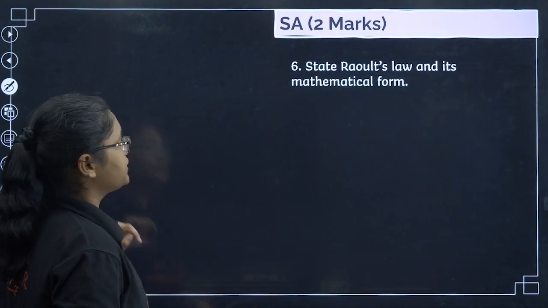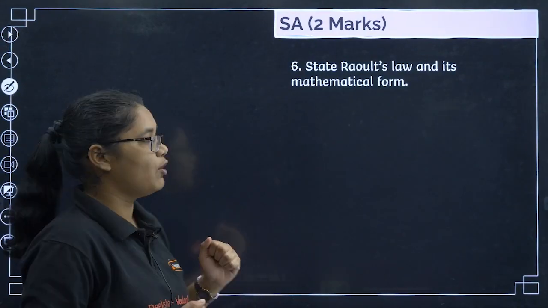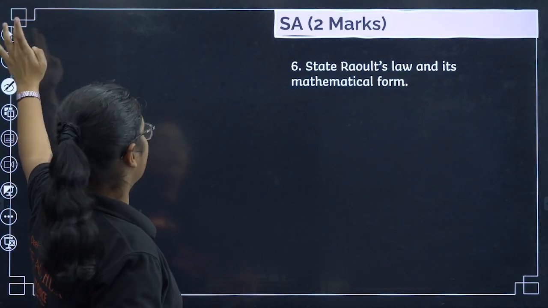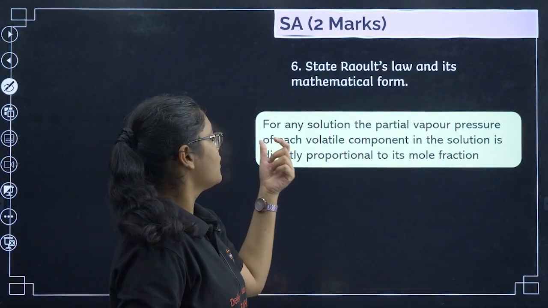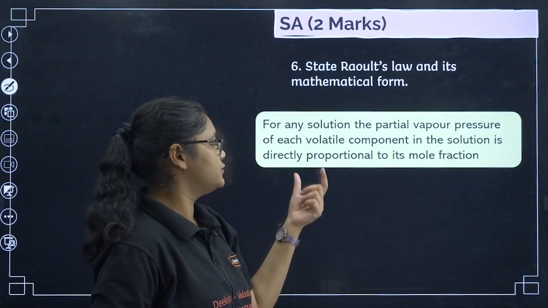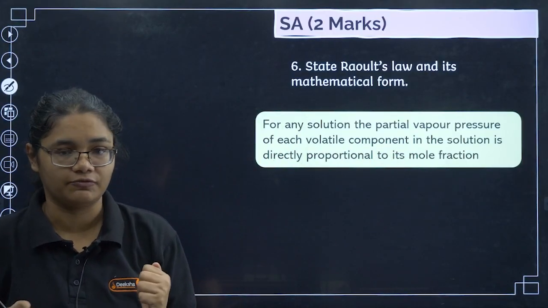Moving to the next question: Raoult's law and its mathematical form. Raoult's law states that for a solution, the partial vapor pressure of each volatile component in the solution is directly proportional to its mole fraction.